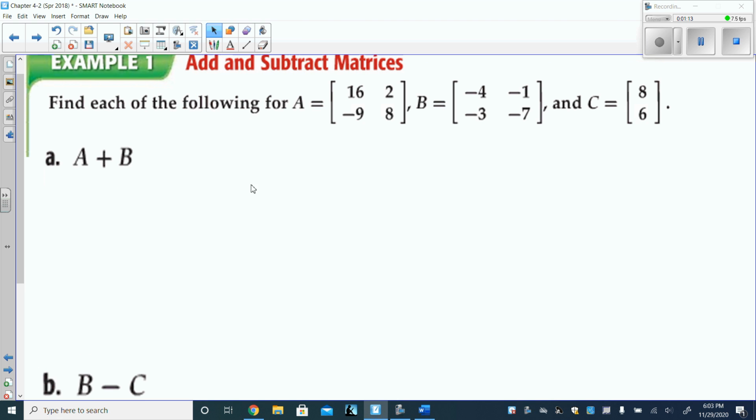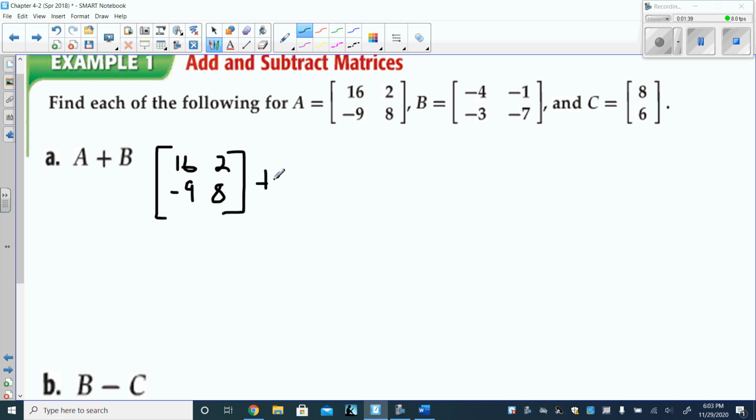Now the first one we're going to look at is this here. We're going to find each of the following matrices. So we're going to do A plus B. Matrix A is 16, 2, -9, and 8.